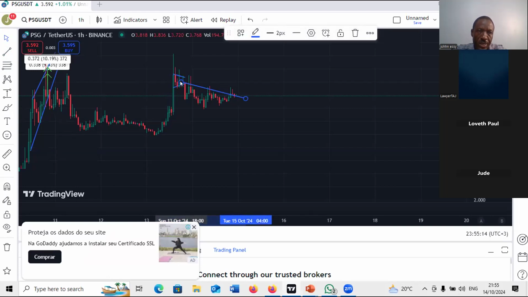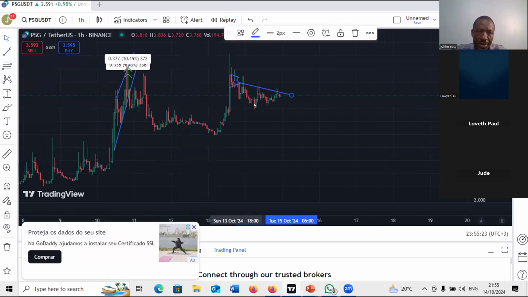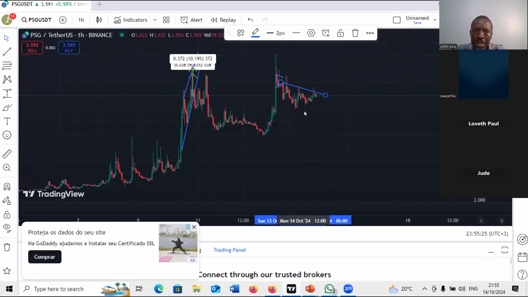Remember, what is guiding us is that it should be touching many points on the upper side, and also touching many points on the lower side. That should be guiding you.